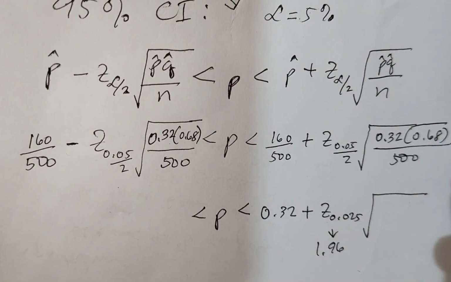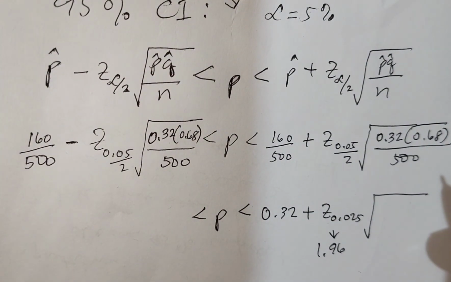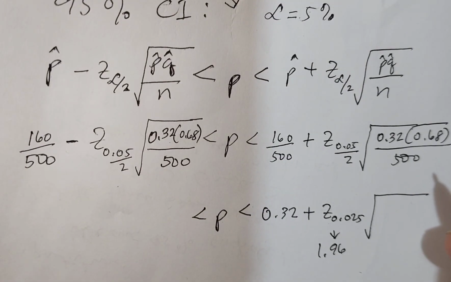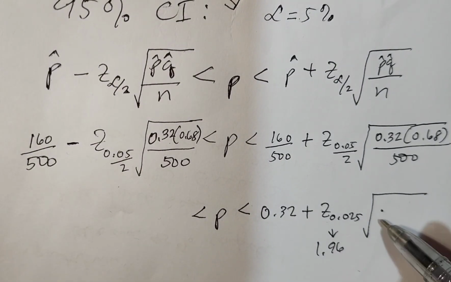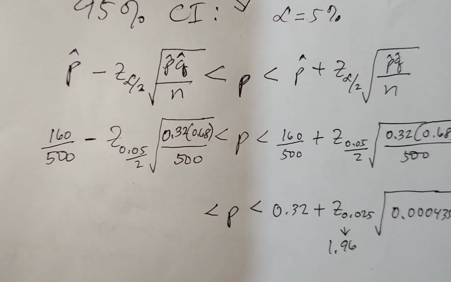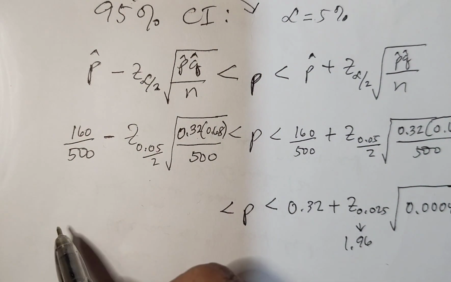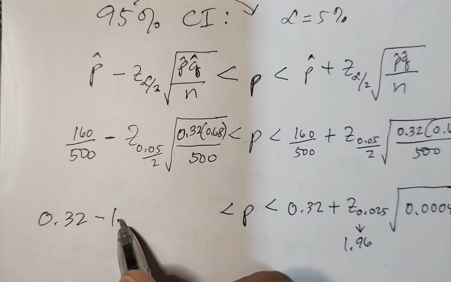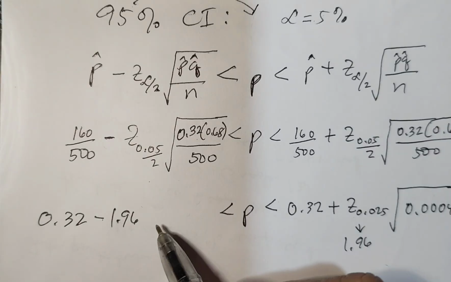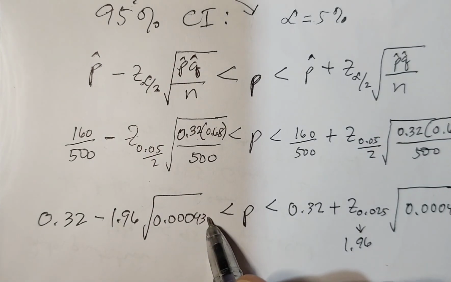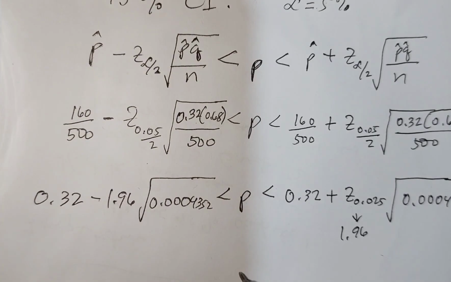We have computed this part here, the square root of 0.000435. Here we have 0.32 minus 1.96 times the square root of 0.000435.